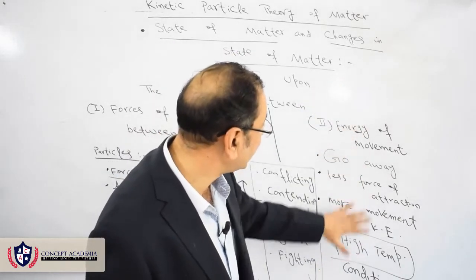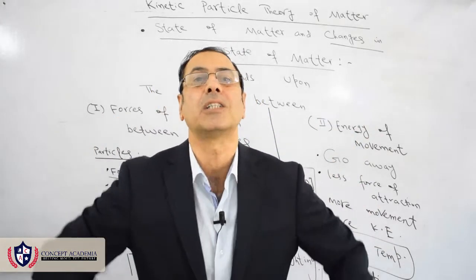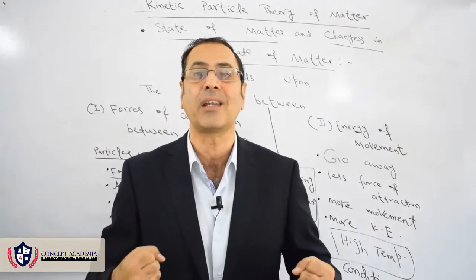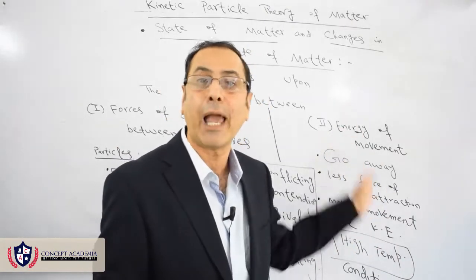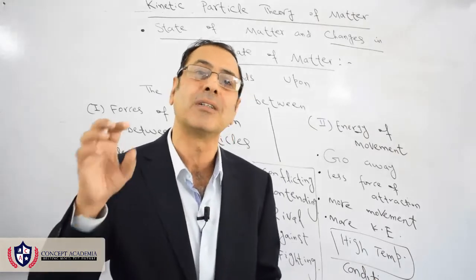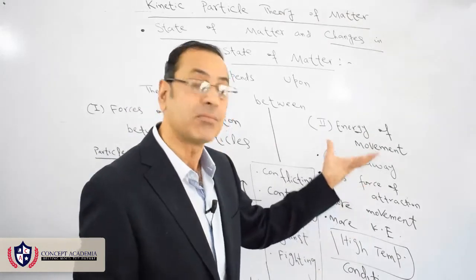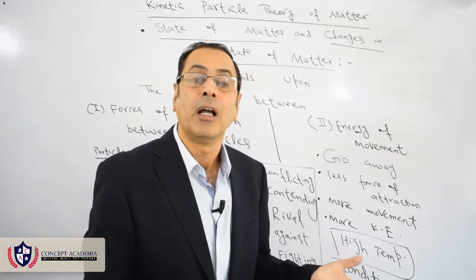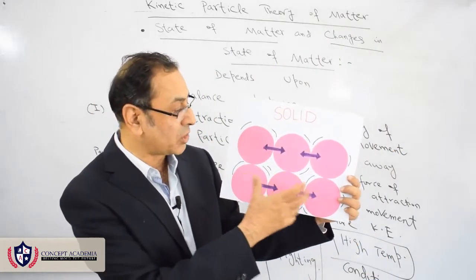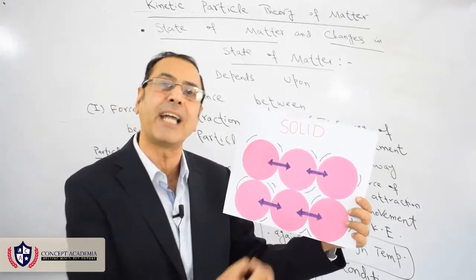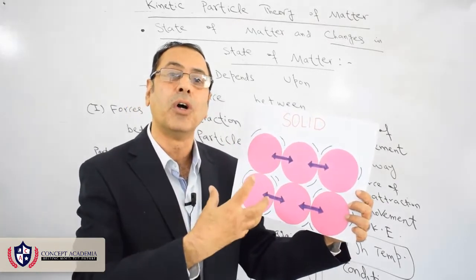These points are more related with high temperature. When you give high temperature, particles will gain energy. When particles gain energy, they will move very fast and go away. So all this will be more related with high temperature. For example, in case of solids, when the particles are so closely packed together and you give high temperature to them, they will gain more energy and move faster.